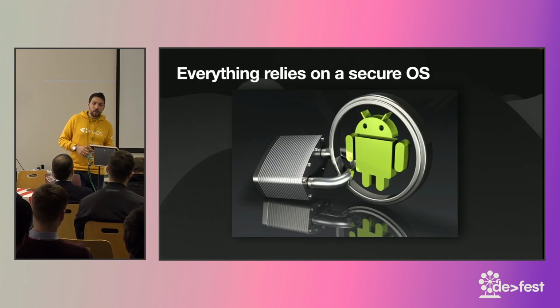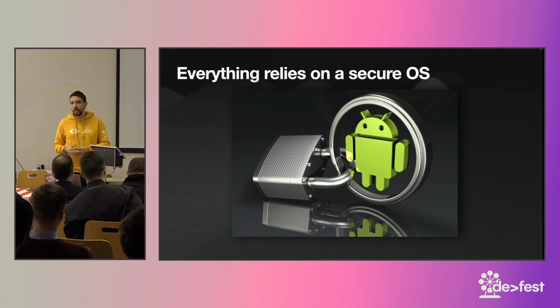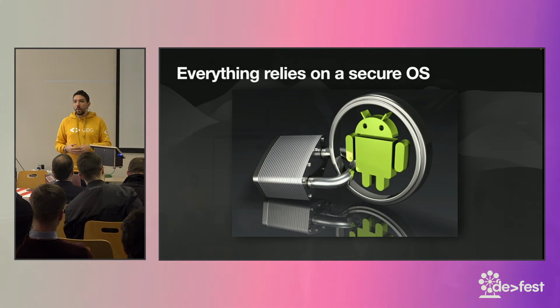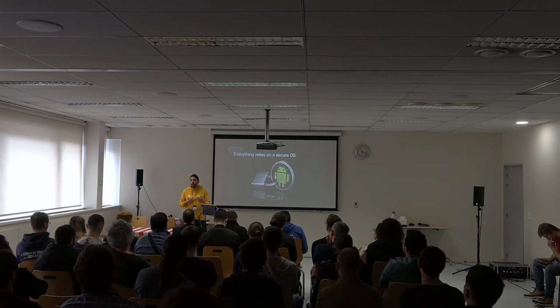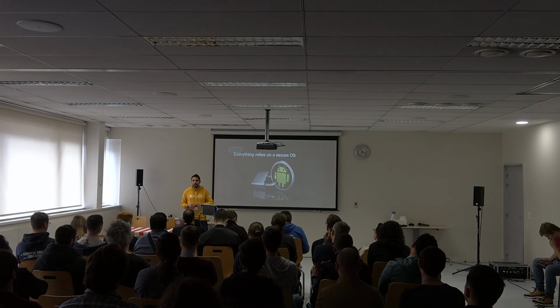And I'm going to close off by telling you that everything that I just told you, all of those defense measures, are always relying on a secure operating system. As we know, Android OS is an open OS. It can be rooted, and once the OS is rooted, there are a lot of really low-level things that somebody can go and tweak.